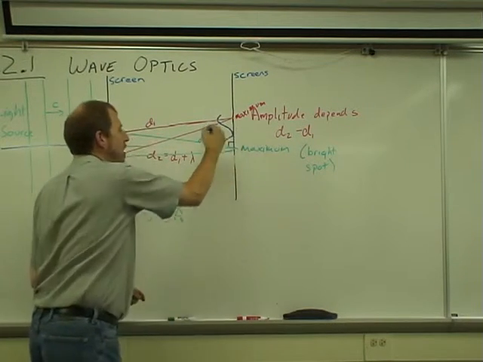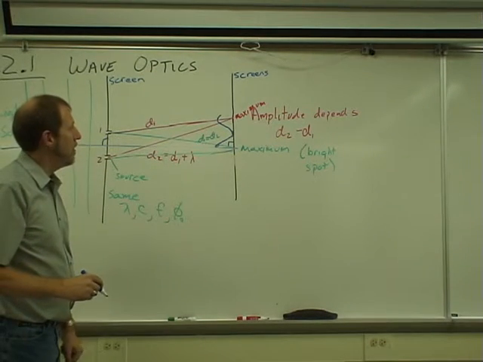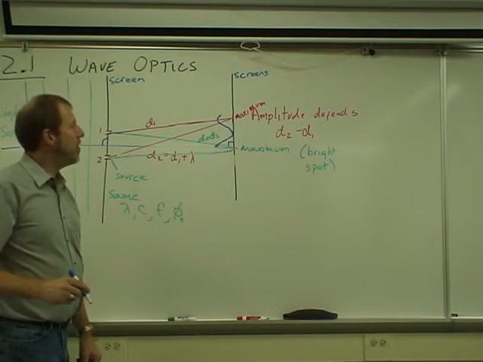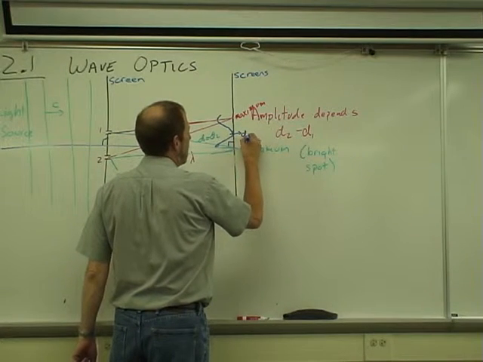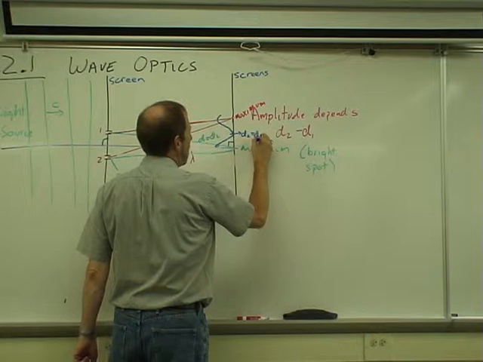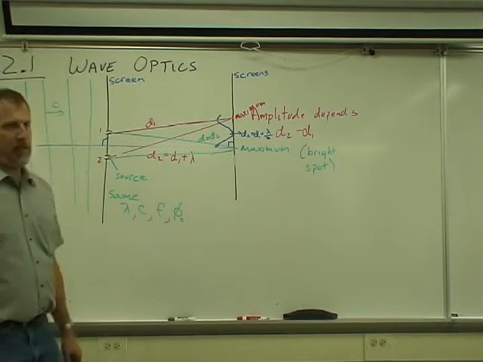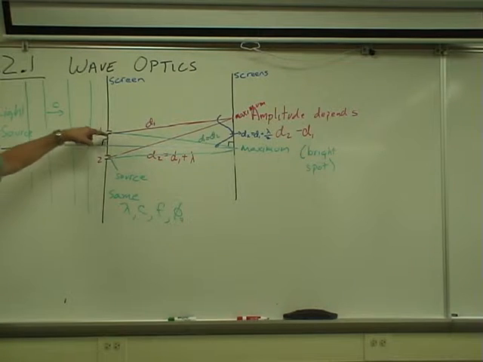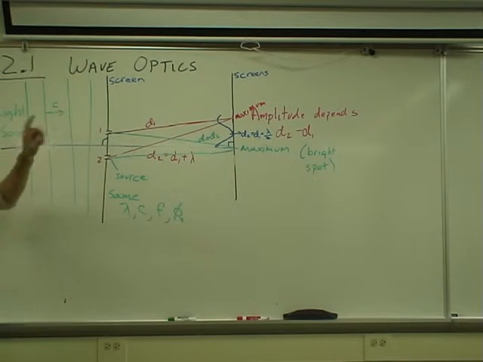Well, if I'm getting two bright spots there, that kind of implies I'm getting a dark spot somewhere in the middle. Where? Well, in this case, that would be where d2 is equal to d1 plus half a wavelength. I'm treating each of these holes as the source of a light wave.